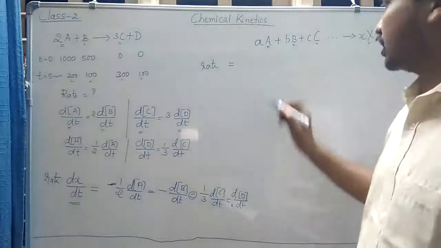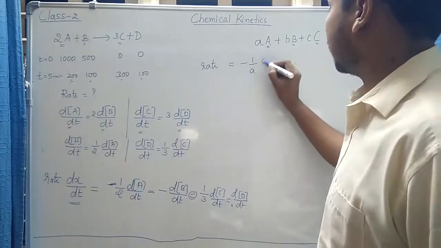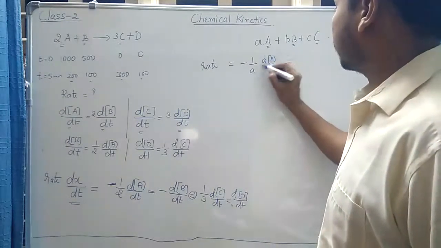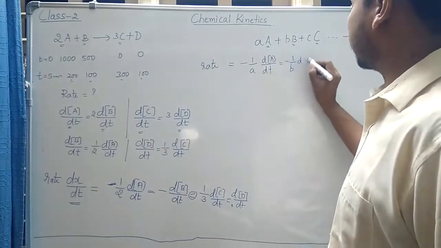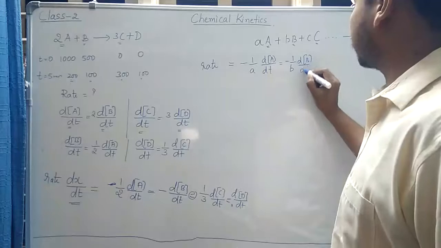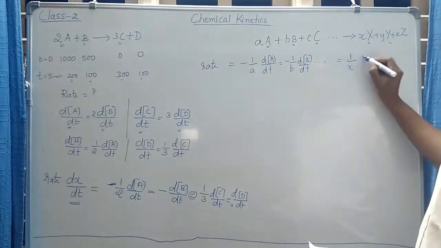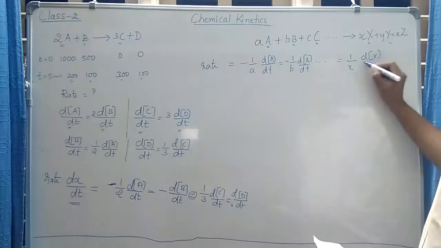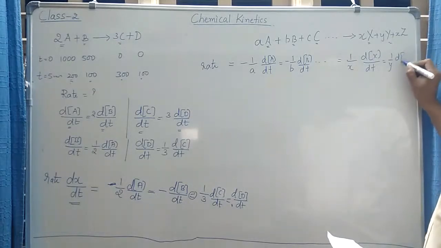So you can express the rate by dividing each rate of disappearance of reactants or formation of products by the corresponding stoichiometric coefficient. The rate of the reaction can be written as minus 1 by a into the rate of disappearance of A, or minus 1 by b into the rate of disappearance of B, and so on. You can express it in terms of products: 1 by x dX by dt, or 1 by y dY by dt, and so on.